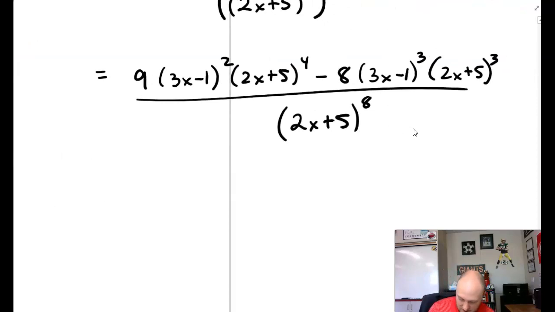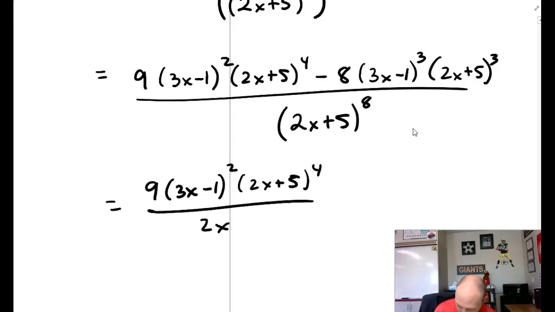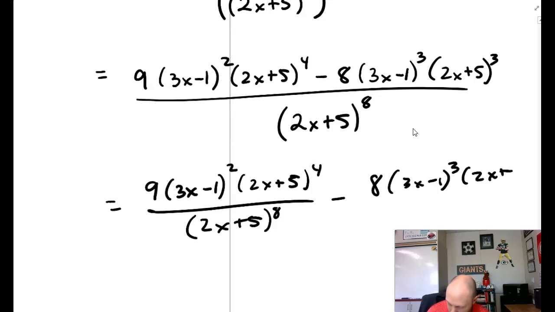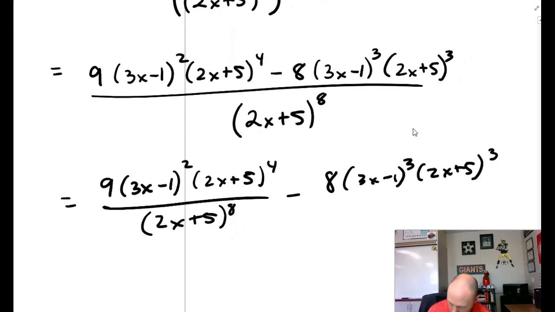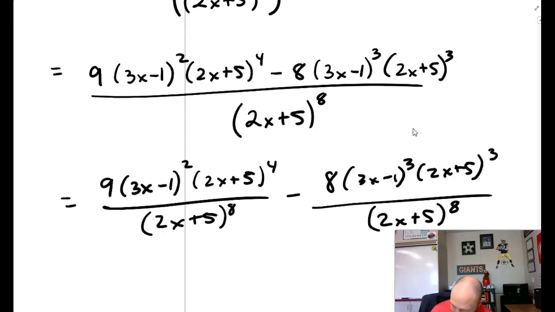You could go ahead and reduce this if I had each of these separated, let's say like so, over 2x plus 5 to the power of 8 minus 8, 3x minus 1 cubed, 2x plus 5 cubed, over 2x plus 5 to the power of 8.